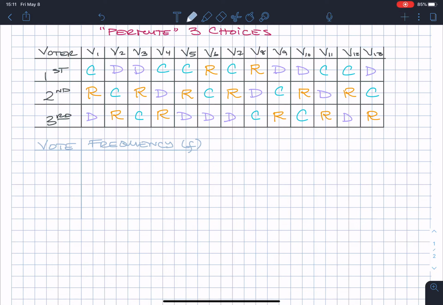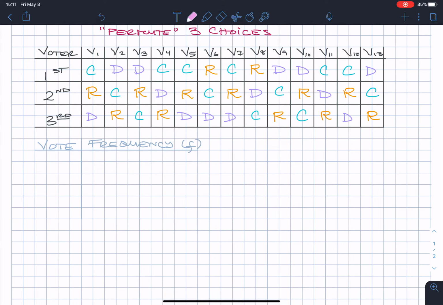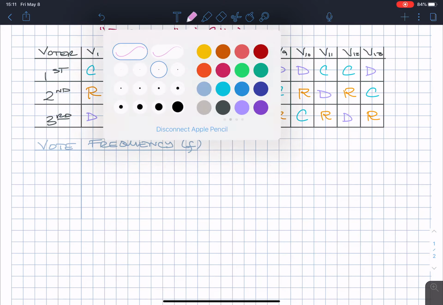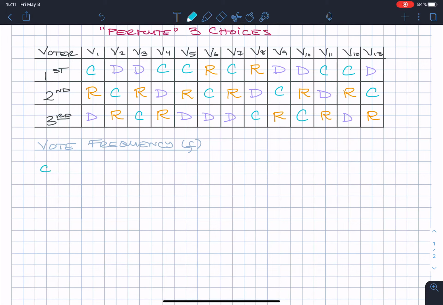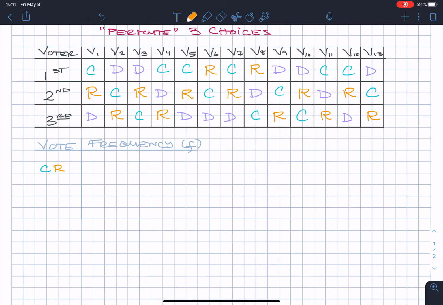Okay, so let's first look at this. Let's do pink. How many times do I have the vote C, R, D: cats, rabbits, dogs? So that's what's in the first place.